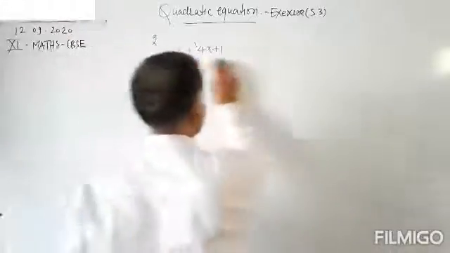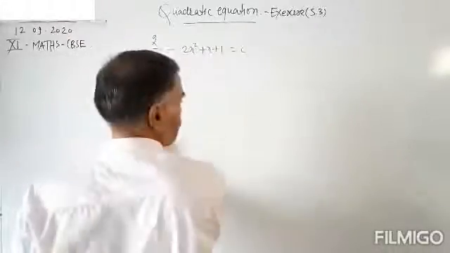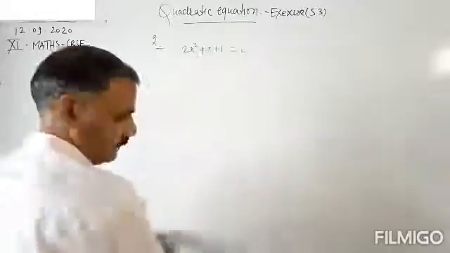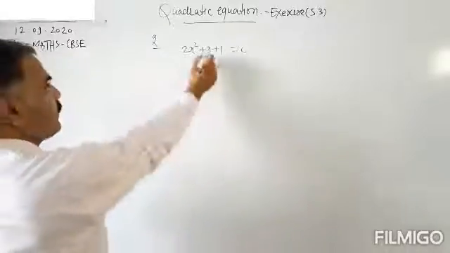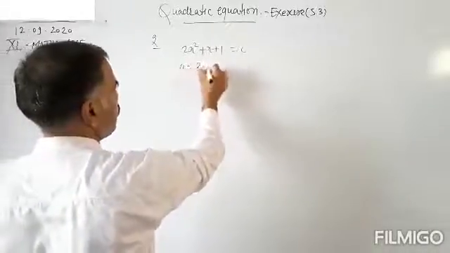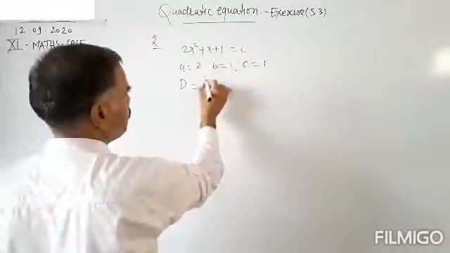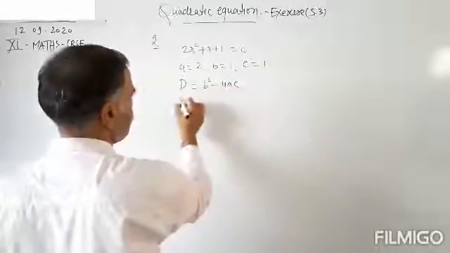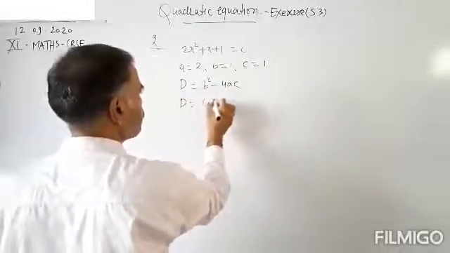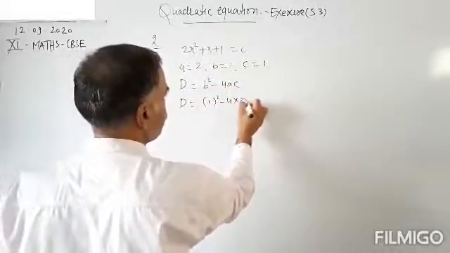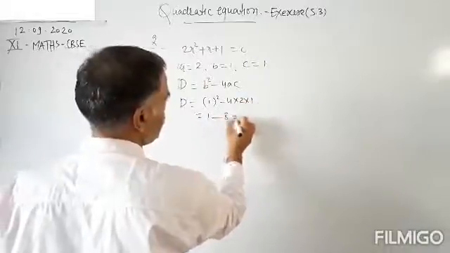Okay, so first of all we will solve this simple quadratic equation. In 2x square plus x plus 1, a equals 2, b equals 1 and c equals 1, so d equals b square minus 4ac. D equals 1 square minus 4 into 2 into 1, so 1 minus 8 equals minus 7.